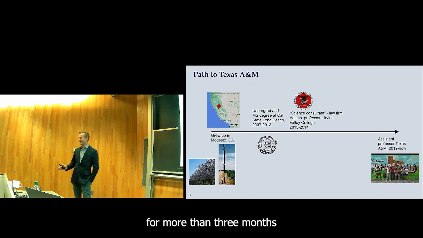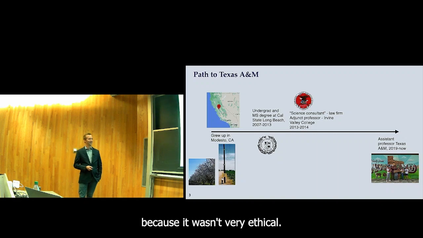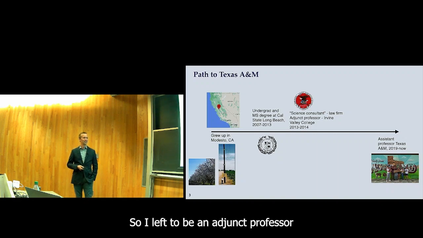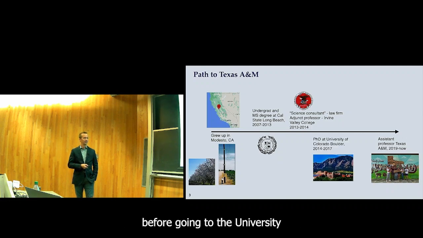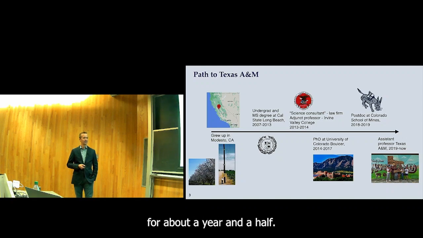I couldn't do it for more than 3 months because it wasn't very ethical. So I left to be an adjunct professor and got experience teaching for a year before going to the University of Colorado Boulder. And then I did a postdoc at the School of Mines for about 1.5 years.